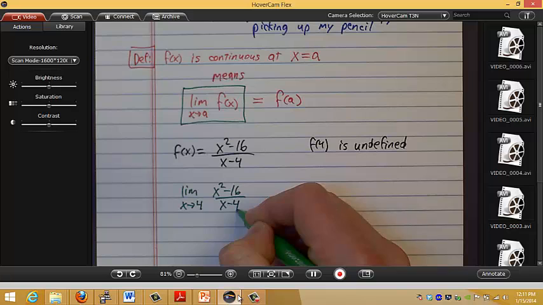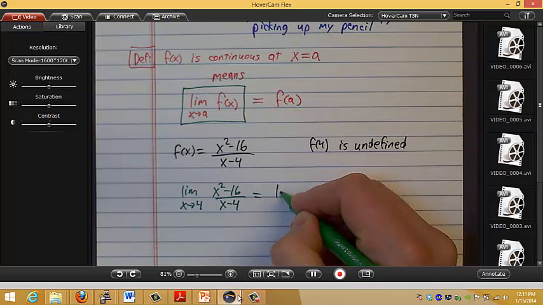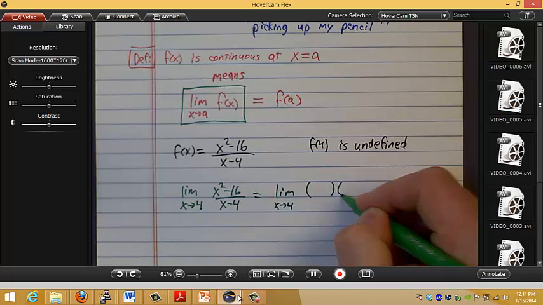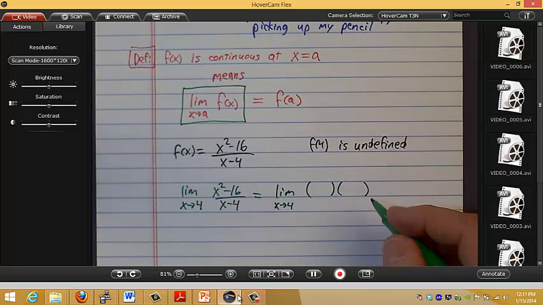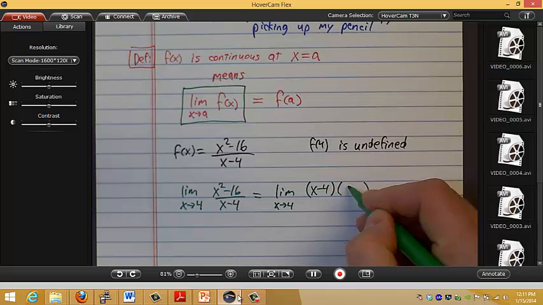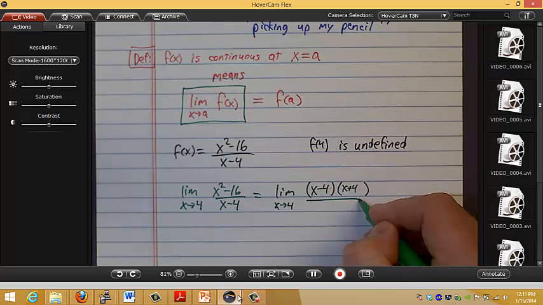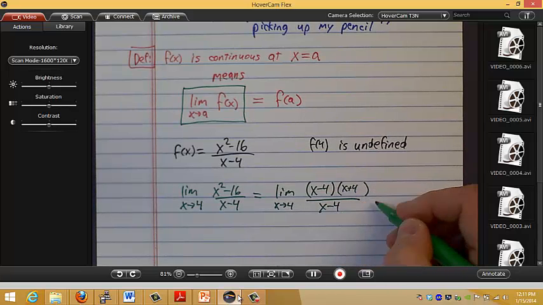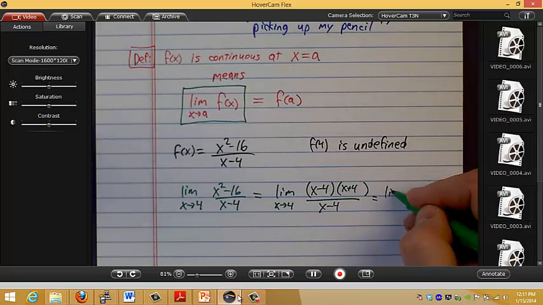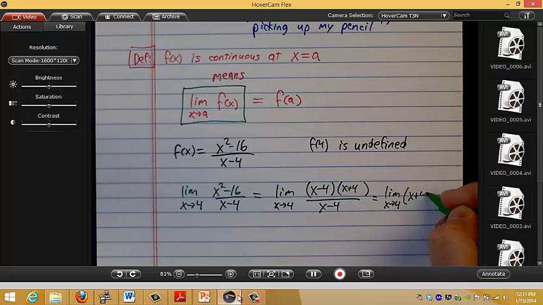How do you do it? You write the limit as x approaches 4 of x minus 4, x plus 4, all over x minus 4. Cancel them out. This is the limit as x approaches 4 of just x plus 4. Do you know what it equals? The limit is 8. 4 plus 4 is 8.